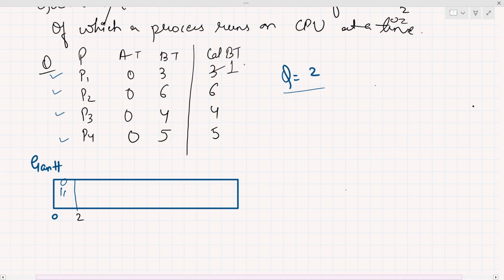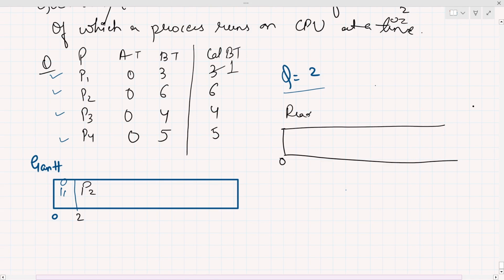Now after 2, all the processes are available, but we are going to select the P2 process. How do we select it in this case? For that, you have to make a ready queue. In this type of question, you have to make a ready queue. What is a ready queue?